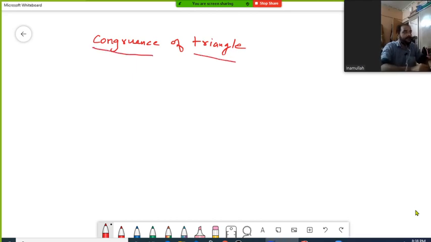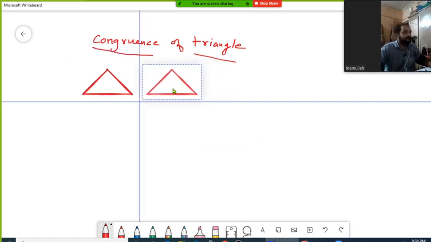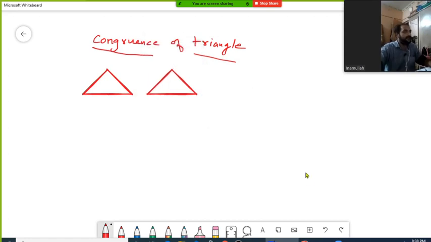So here we're talking about congruence of triangles. Suppose two triangles, this is my one triangle and this is my another triangle. I can name these two triangles. Suppose this is triangle ABC and this is triangle PQR. So these are two triangles on your screen.